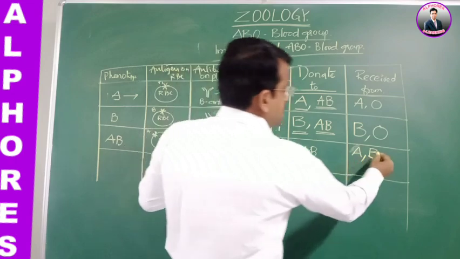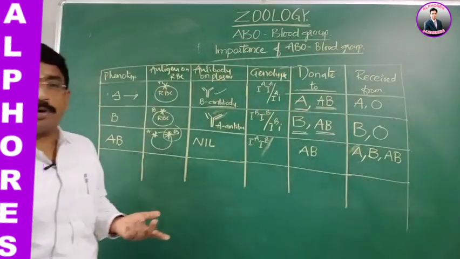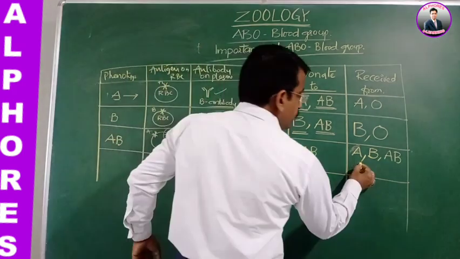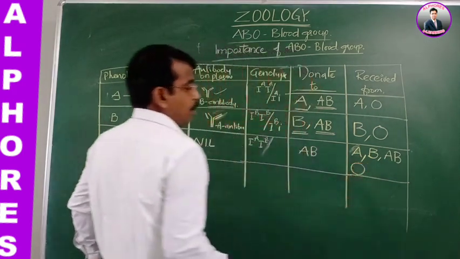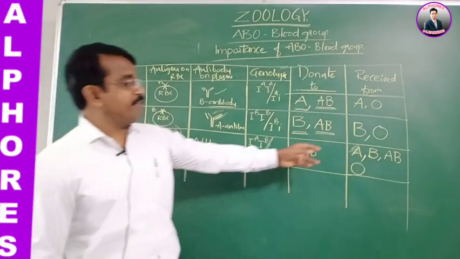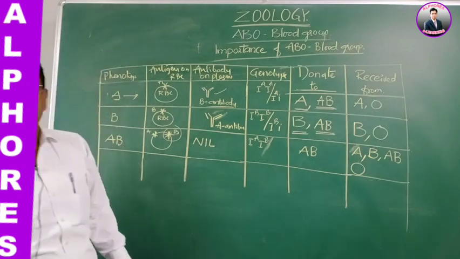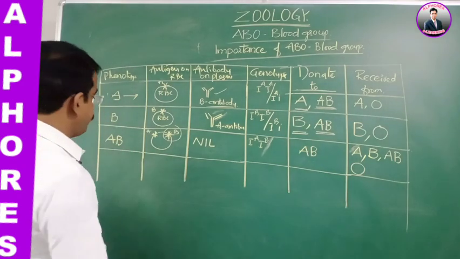Next, if it is received from AB also, no antibody production. If it is received from O, O is without antigens. So it can receive from A, B, AB and O. This is the point to remember.